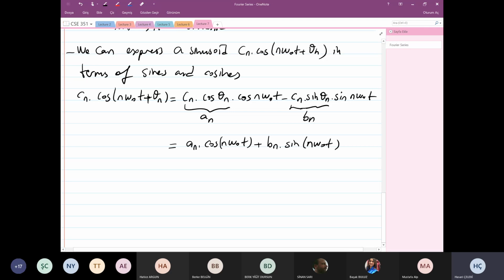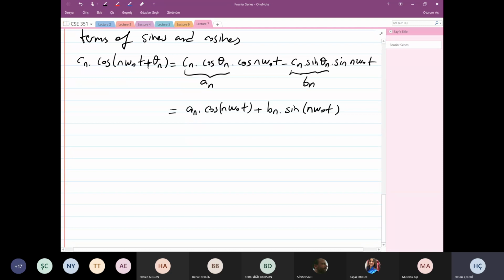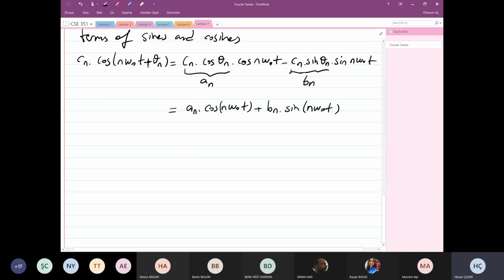So this is my new cosine, where an is defined to be Cn times cosine theta n, and bn is defined to be minus Cn times sine of theta n.